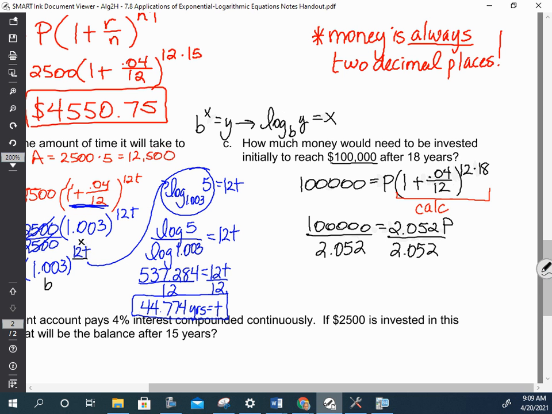So that means your initial investment has to be something in the neighborhood of $48,732.94.